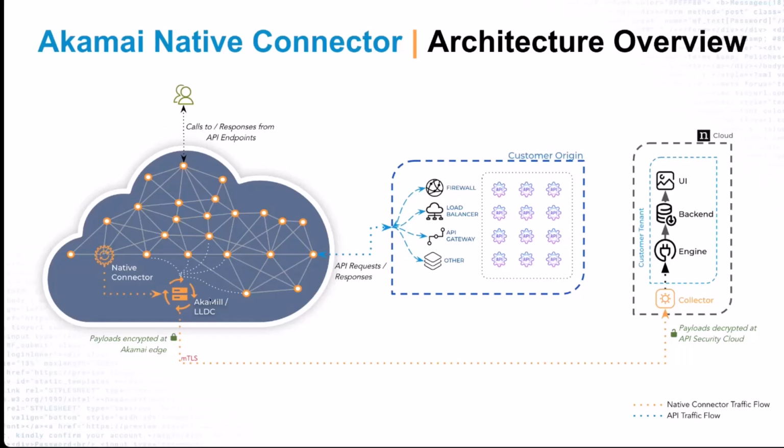In the meantime, the native connector makes a copy of the request-response pairs and encrypts the payload at the Akamai Edge, so there is no risk in terms of data privacy.